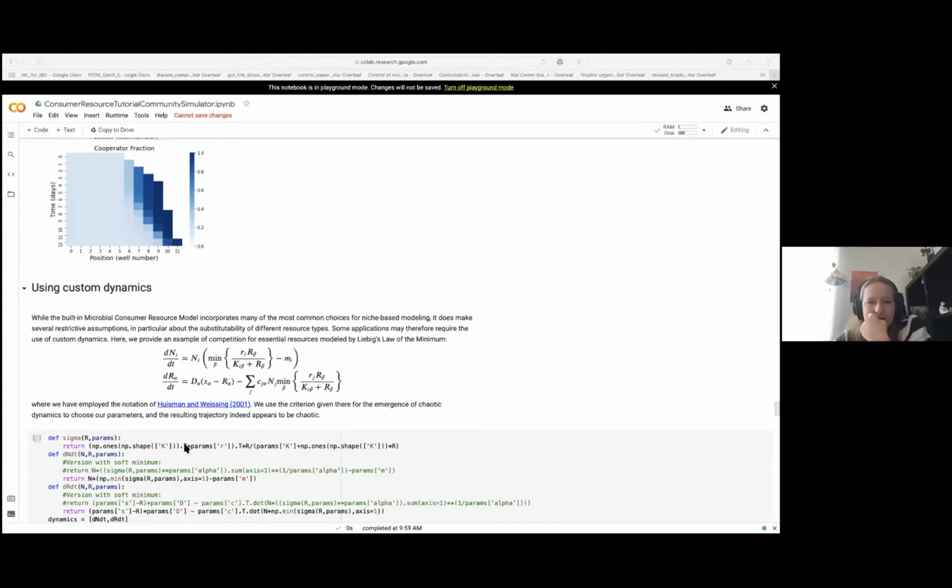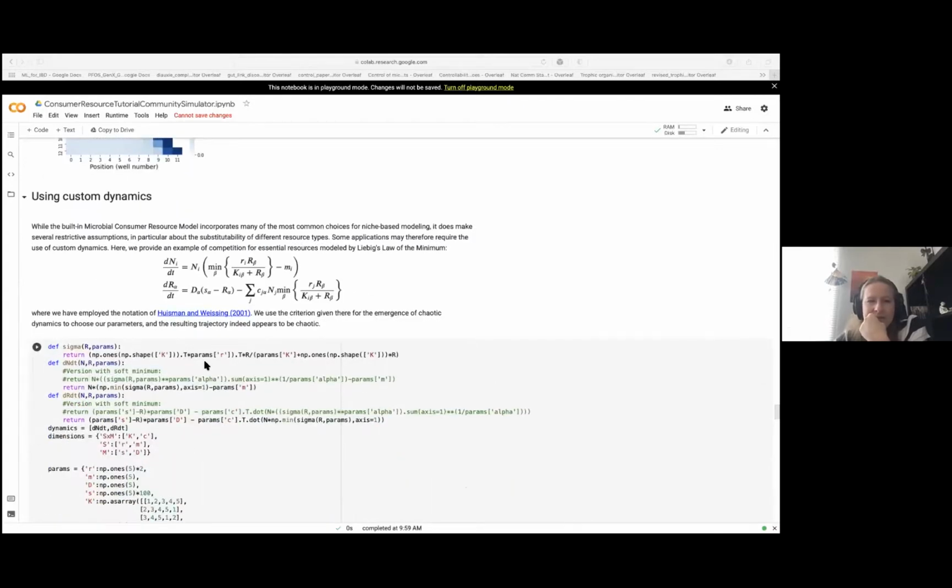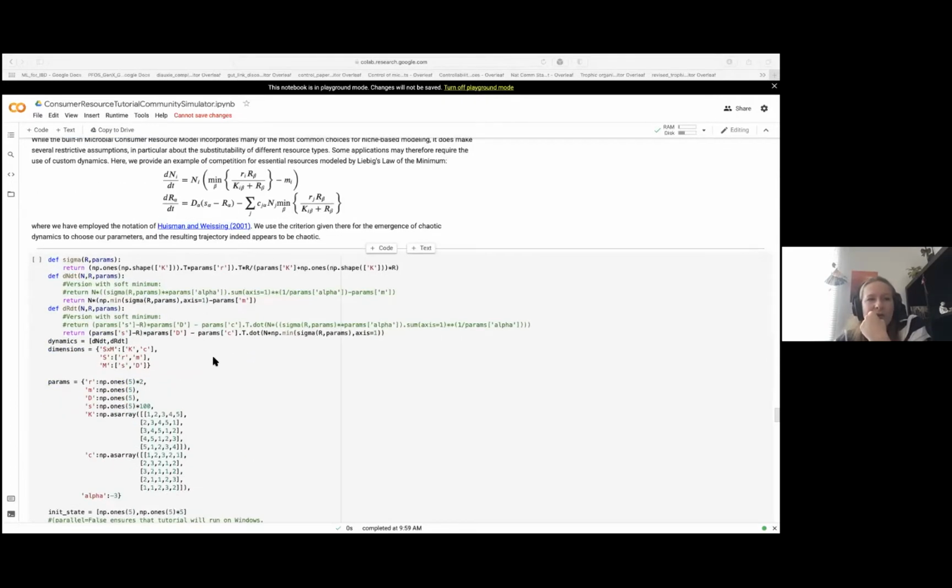And for the last thing, they also demonstrated how you can incorporate your own growth functions if you want, and utilize them with their package. So here they use the Stillman model, for example, with Liebig's law as the main assumption for the growth rate. What you need for that is to define how your bacteria growth rate behaves.